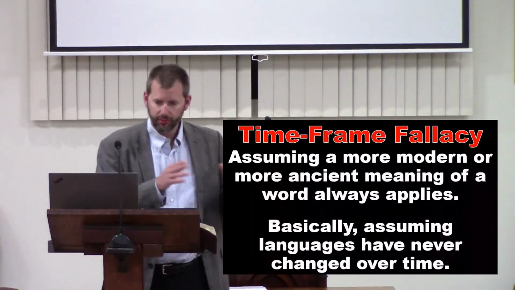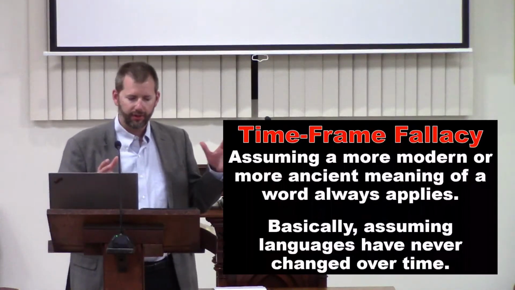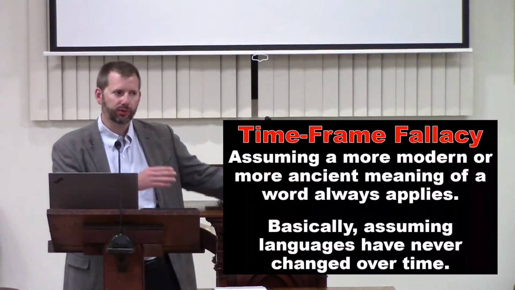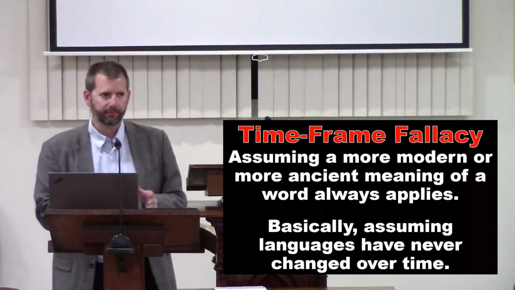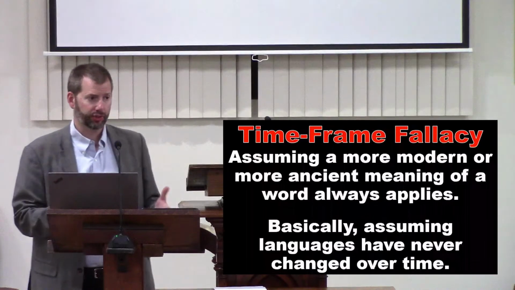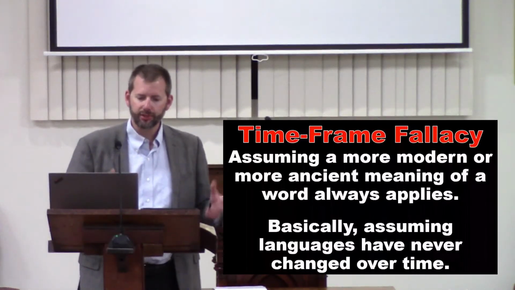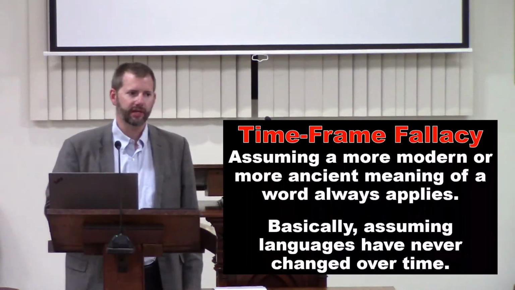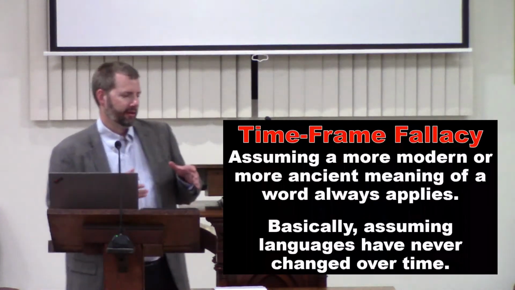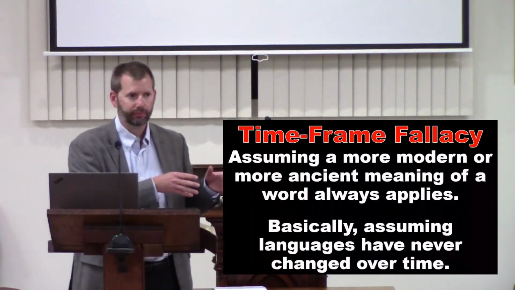But when you get into Hebrew and some of Greek, there are older meanings for words and newer meanings for words. Especially when you get into extra-biblical literature, which is outside of the Bible. And so you'll often read an article that says, oh, well, at one time, this word meant such and such.